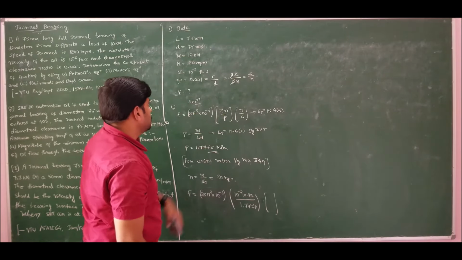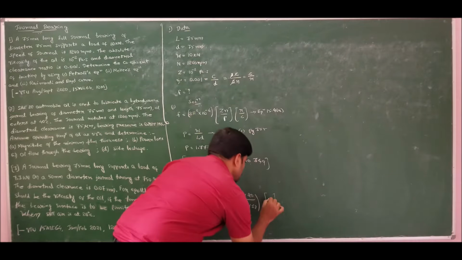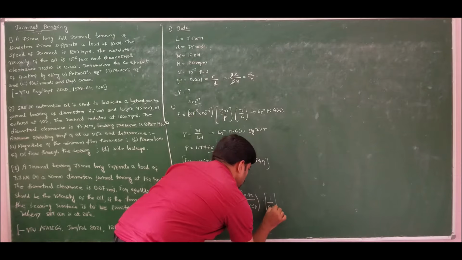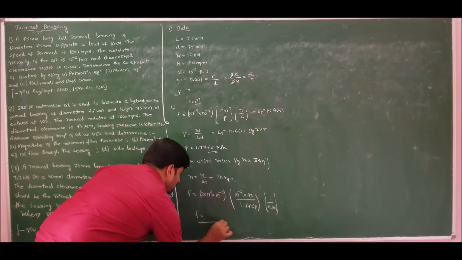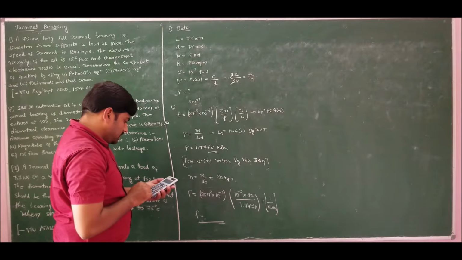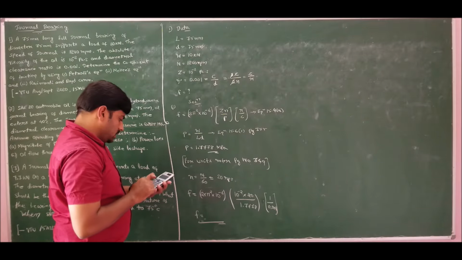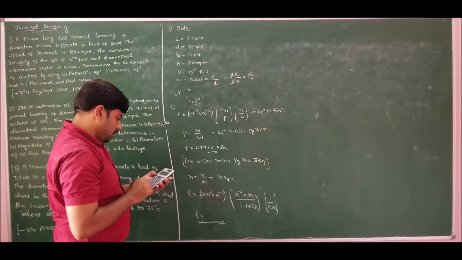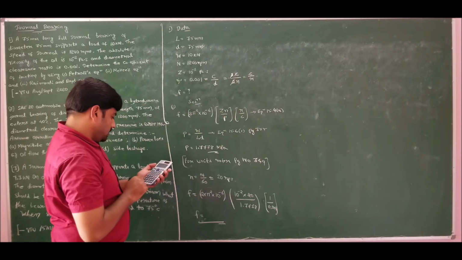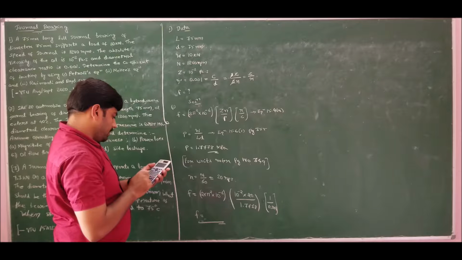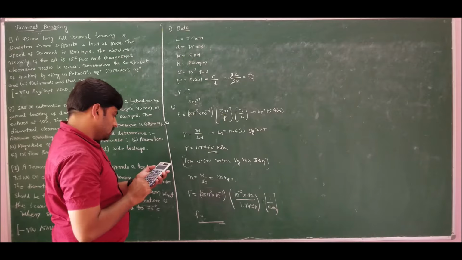So I can substitute this as 1 over Z, that is 1 by 0.001. Hence, if I substitute and solve, I will get the coefficient of friction from Petrov's equation as 2 into pi square into 10 to the power of minus 6 into Z, which is 10 to the power of minus 2, n is 20, divided by P, which is 1.7778, multiplied by 1 over Z, where Z is 0.001, the diametrical clearance ratio.